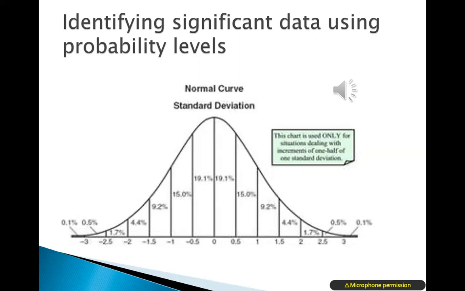We do the same thing when we go beyond that. We add the next half standard deviation, we get 9.2, and the second half of that standard deviation, we get 4.4. That means that between 1 and 2 standard deviations, we're going to add another 27.2% above and below, or we now have a combined total of 95.2% of the data that is within 2 standard deviations of the mean.